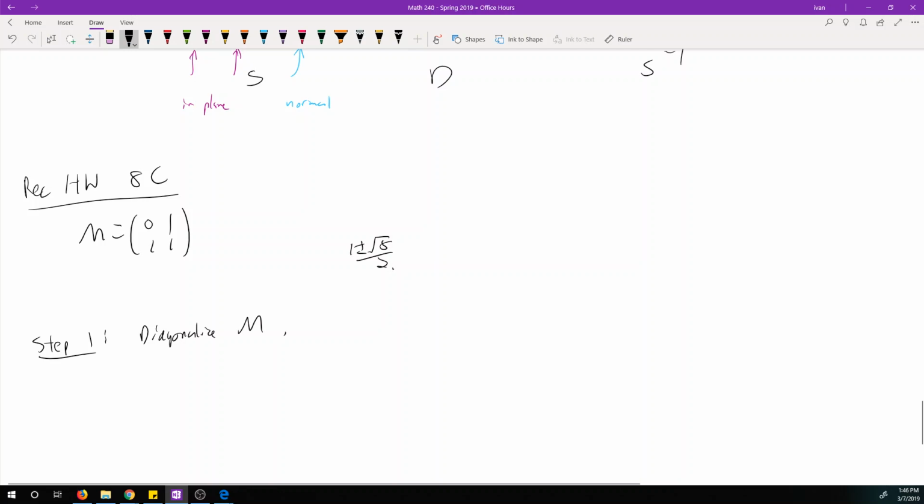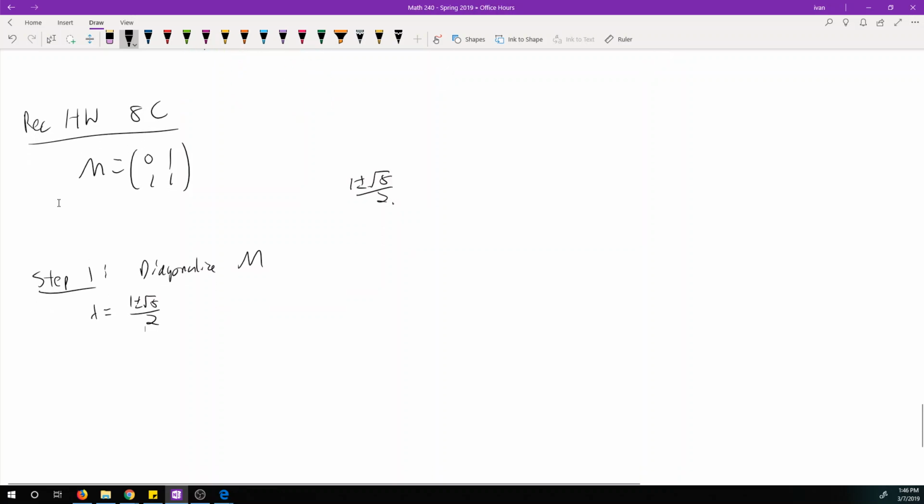And then lambda is equal to 1 plus or minus root 5 over 2. And then you need to find S D S inverse. Okay, so let's see what this is. Let's try to find some eigenvectors.